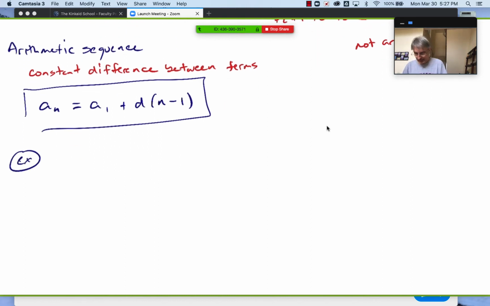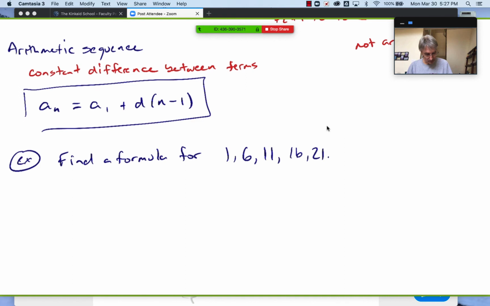So if I say, find a formula for say 1, 6, 11, 16, 21, so on. The first thing I'm going to see is that it's plus 5, plus 5, plus 5. So that's the constant difference, and that's the d. I should have said that up here, sorry.